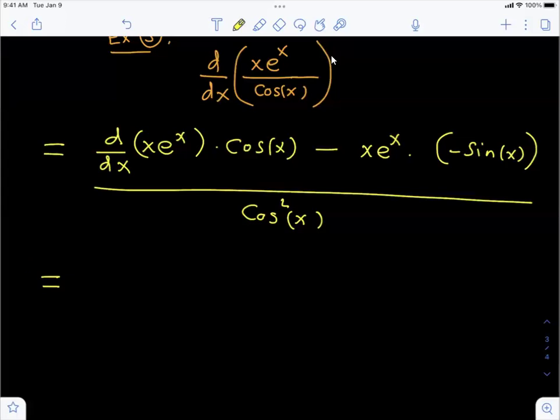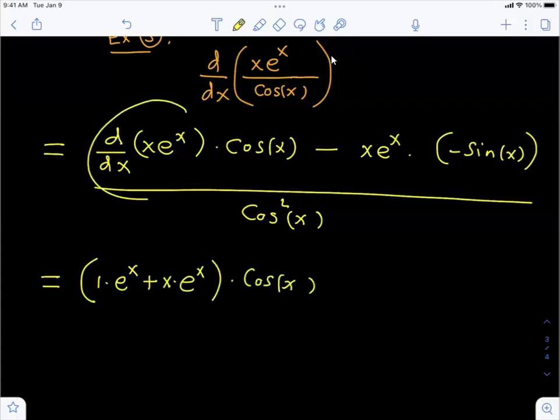So when you take the derivative of the first component here, let's have just parentheses here, and then the derivative of the first one, it's 1. e to the x plus, and then original first and the derivative of the second, that's going to be just e to the x times, now we're done with the derivative of this component, and then we have cosine x just as a product right here, and then minus x e to the x.